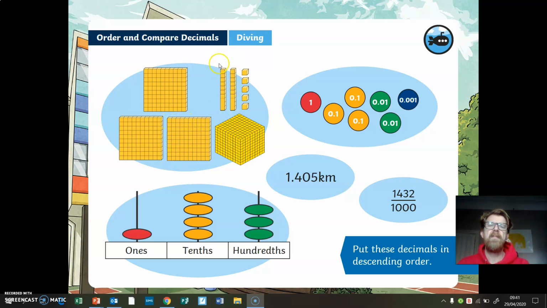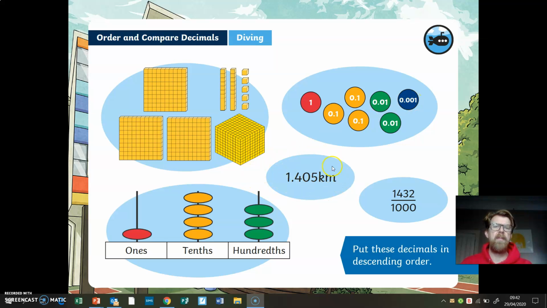These here must be hundredths. These tiny little ones are thousandths. So that's 1 whole one, 3 tenths, 2 hundredths, and 5 thousandths. Okay. Over here we've got 1, and then 1, 2, 3 tenths, 1 hundredth, and 1 thousandth.